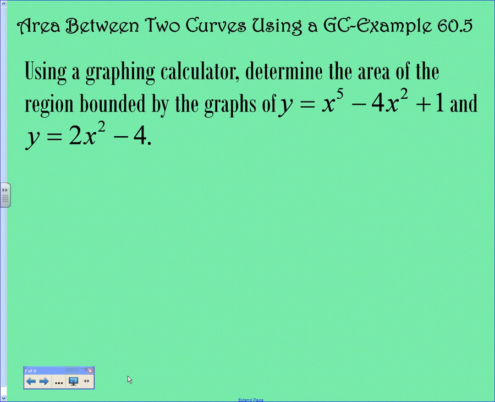And then you go back to intersect, first curve, second curve, and I want it to give me the one all the way on the right. And it says it's 1.5905. Y'all see how to get to those three? Okay, so now what do I do?